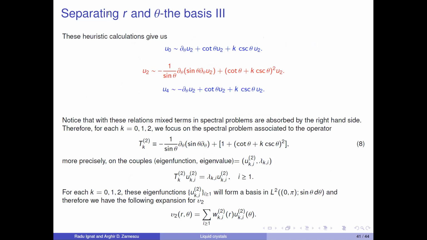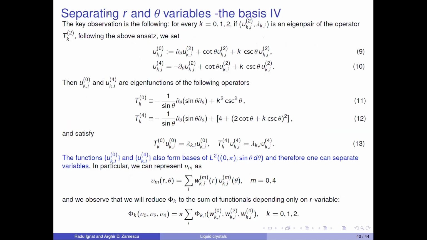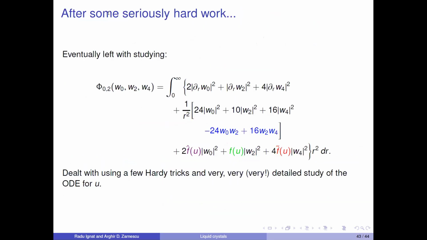That's what happens at the level of the basis. After all this mess, you are left with something that looks as before, namely just depending on R, and then some couplings here. Had it not been for these couplings, life would have been so much easier. But these things are there, and then you have to do these Hardy tricks.